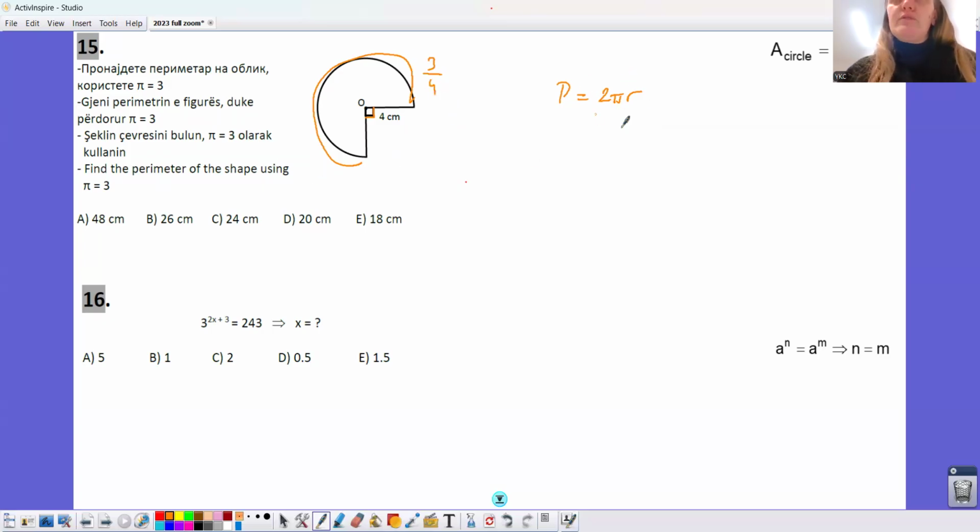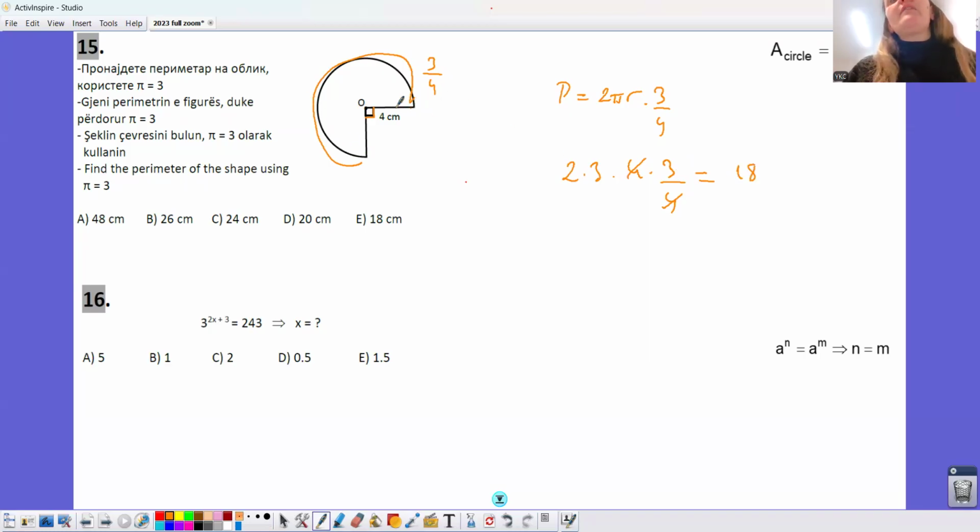So I will do 2 pi r times 3/4 to find only this part. So it will become 2 times pi is 3, r is given 4, times 3/4. When you have multiplication, this 4 and this 4 can cancel each other. So we'll have 2 times 3, 6 times 3, 18 is only this part.